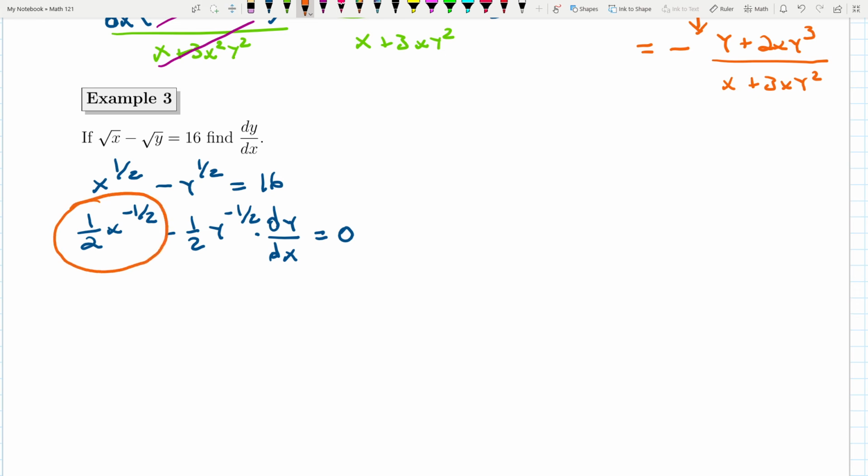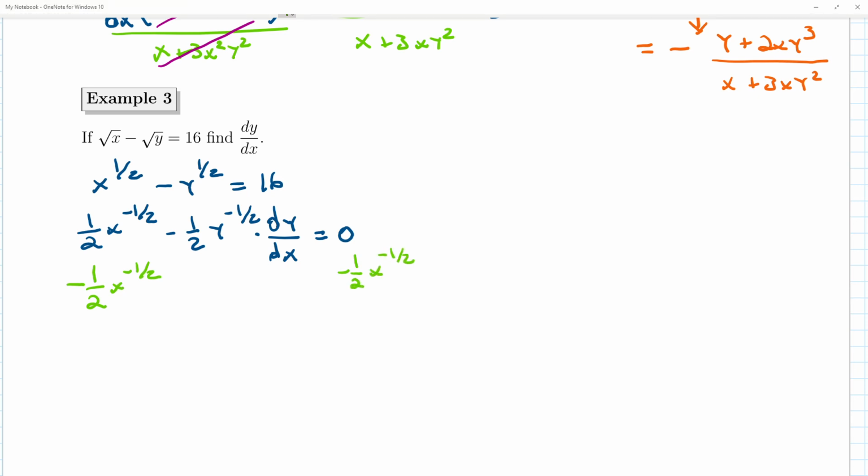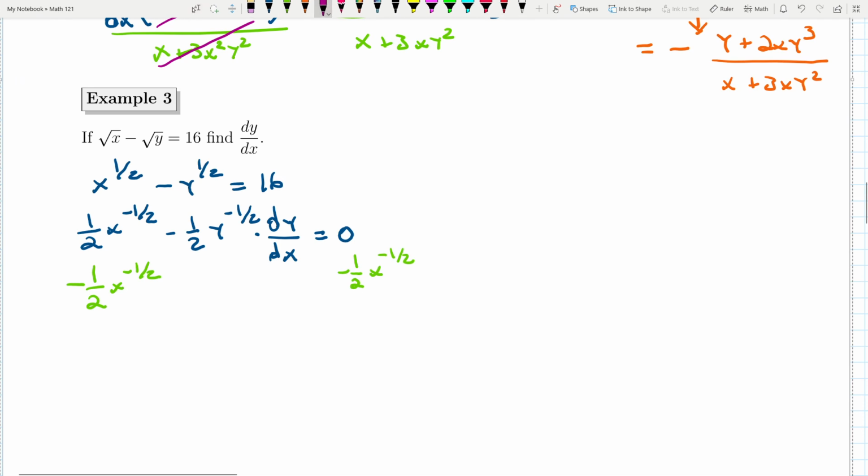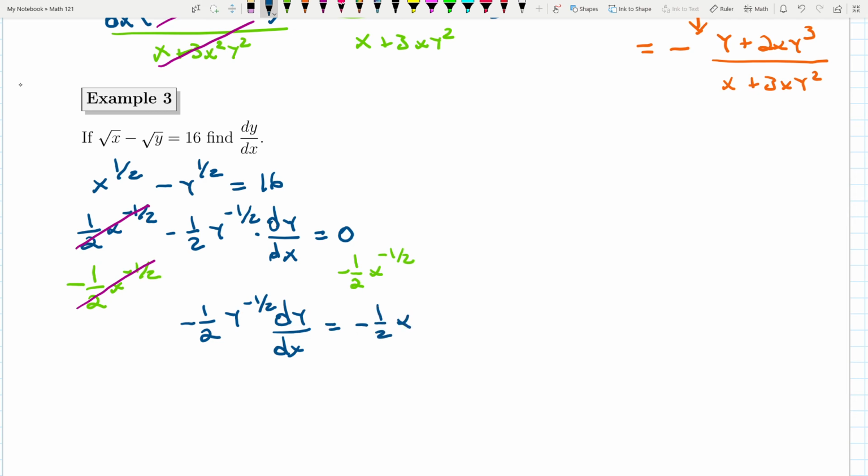So we're going to subtract 1/2 x to the negative 1/2 on both sides. And from here, cancel, and negative 1/2 y to the negative 1/2 dy dx equals negative 1/2 x to the negative 1/2. Right, so that's what we get when we try to solve for dy dx over here.